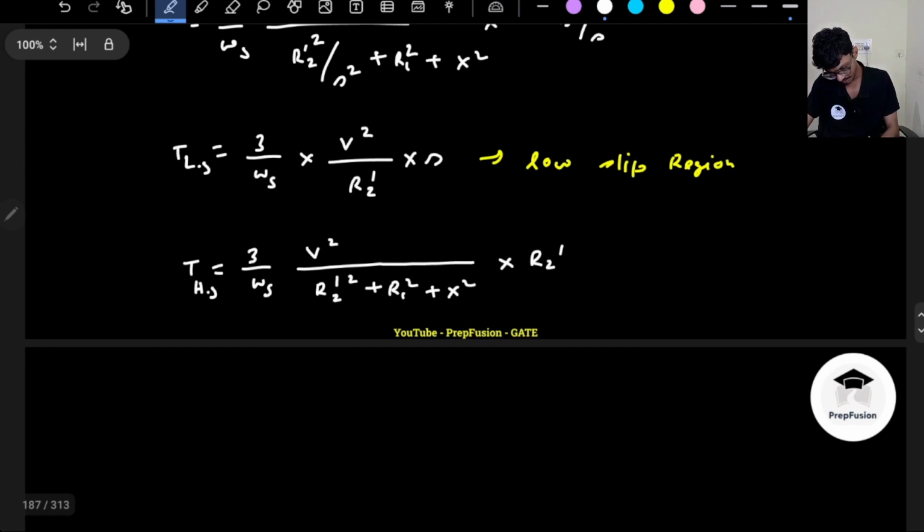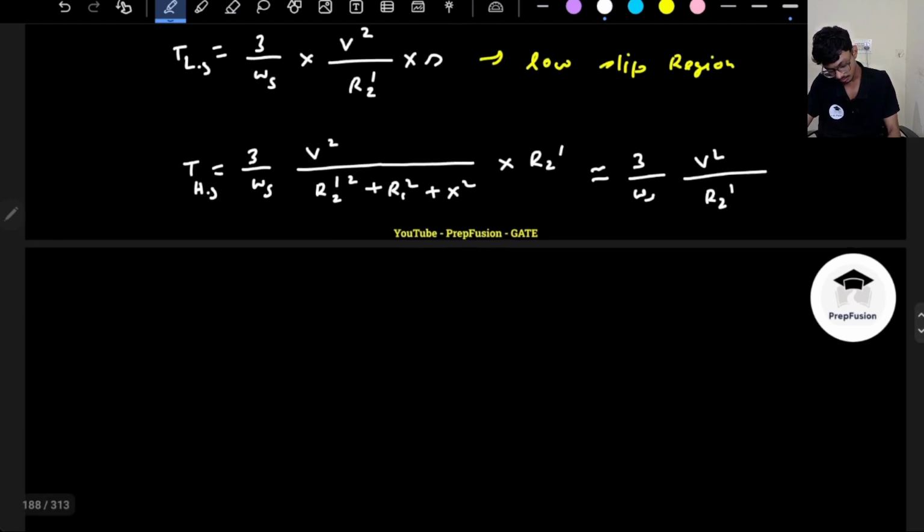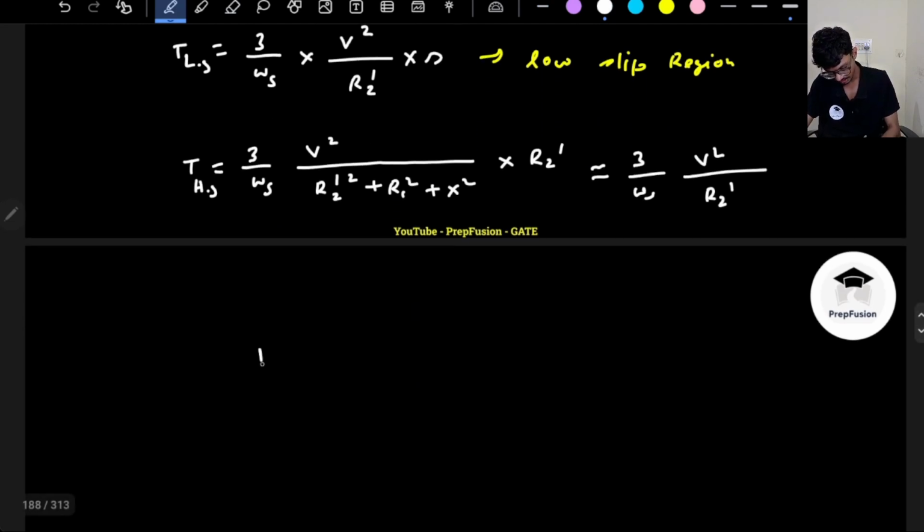So if I take the ratio, one more thing I will do is try to approximate it. If I assume that the rotor resistance is dominating, then it will be 3V square divided by r2 dash.